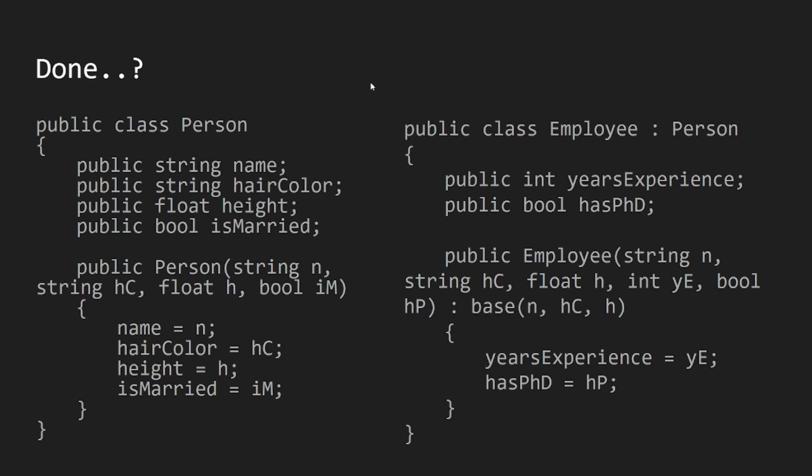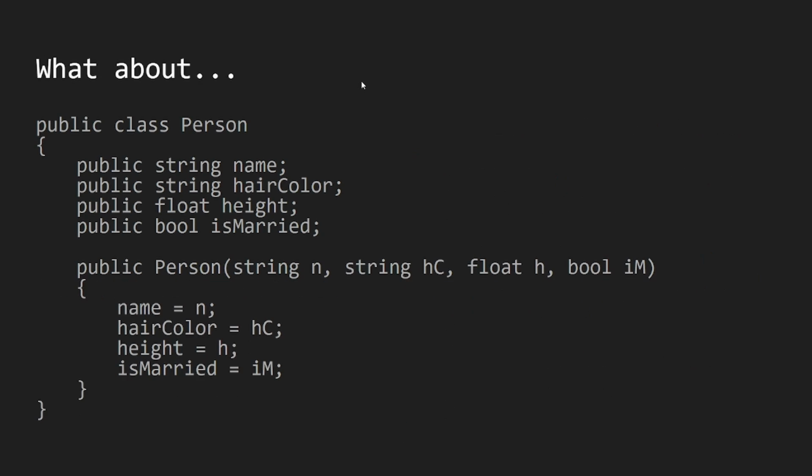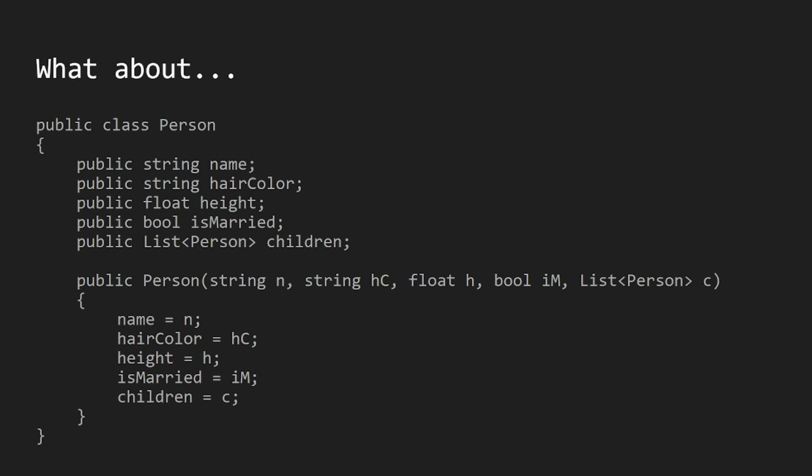So that's another logistical bit that would not compile. Okay, but let's move on. Maybe we can fix this. The guy has kids, so we have to add a list of children. Maybe if the person doesn't have kids, we'll just keep the list null or at count 0 or something.